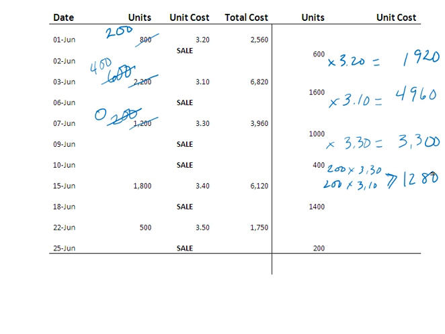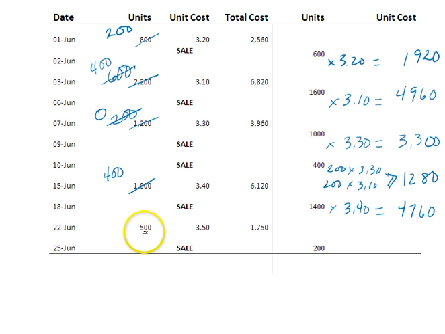Okay, let's keep going. The 15th, we had a purchase, so there's no decision on that day. The 18th, we sold 1,400 units. The last ones in came from here, so that leaves 400. So 1,400 times 340 is 4,760.